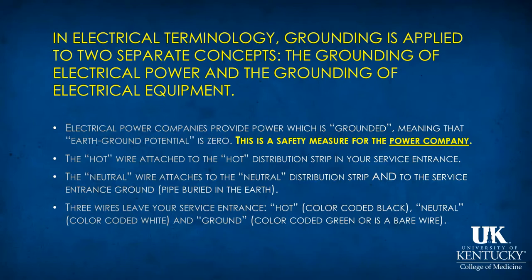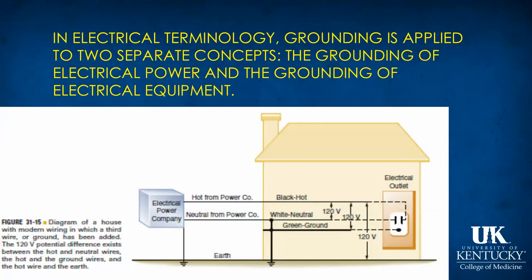The 3 wires that come into your house are called hot, neutral, and ground, and they get attached to the service entrance, and it looks kind of like this in a cartoon diagram sense.